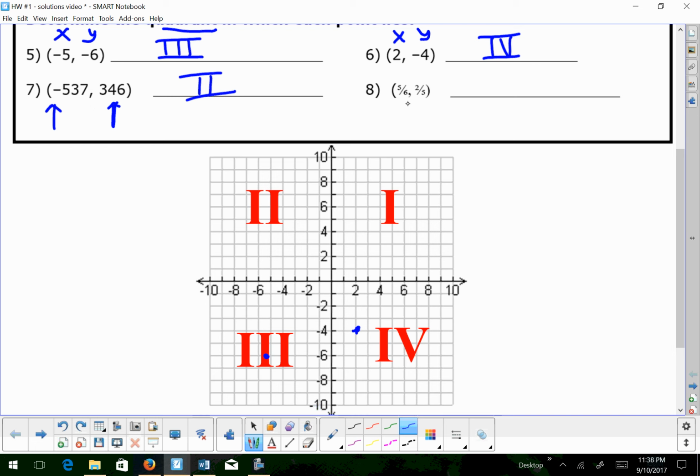Number 8, fractional numbers. Again, you don't have to plot the exact number, you merely have to move in the correct direction of the signs of these values. So a positive x value and a positive y value. This point would be located in quadrant 1.